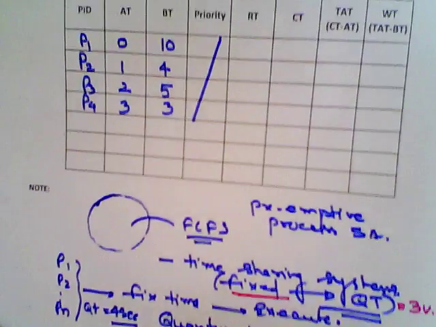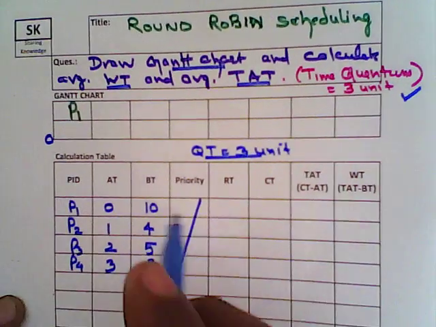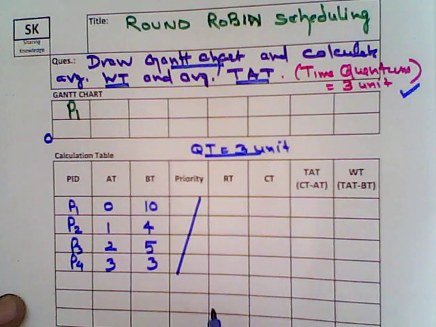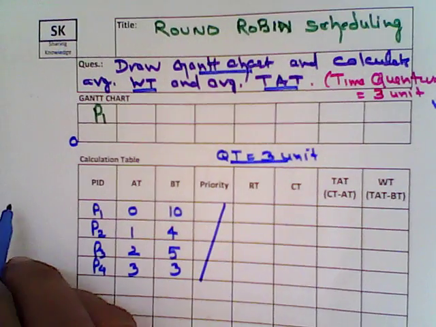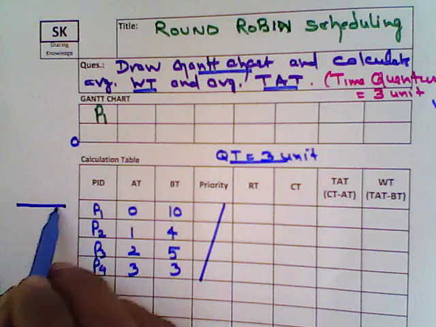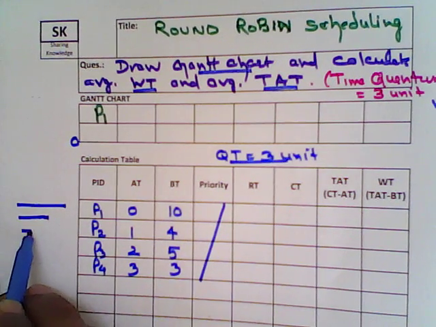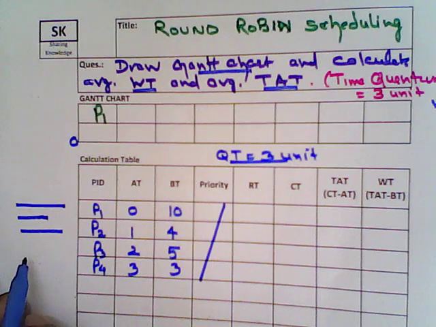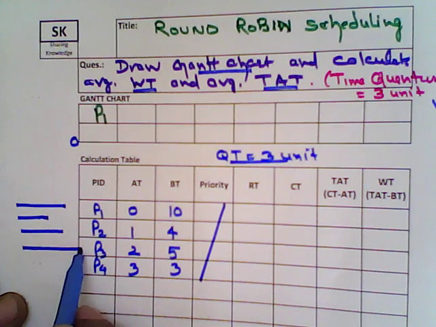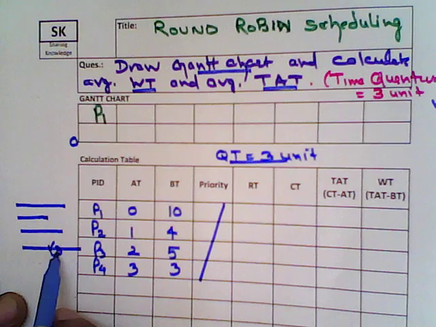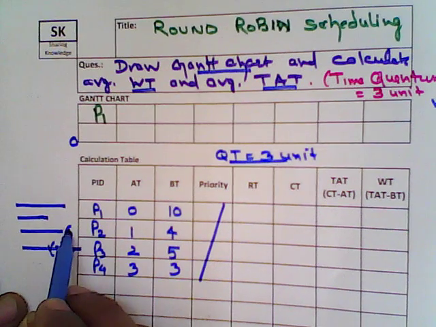Now, based on these 3 units, we have to calculate P1. As you know, it is preemptive. Preemptive means the first process will go for 10, the next process for 4, P3 for 5, and P4 for 3.